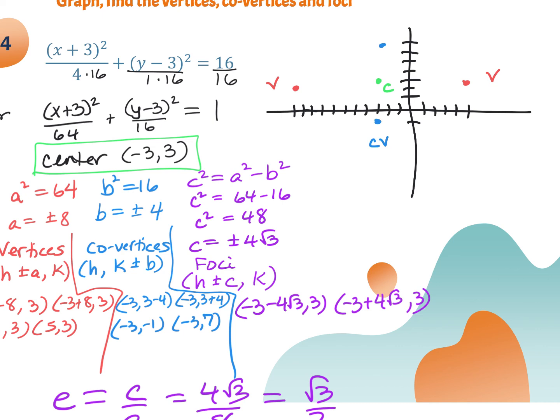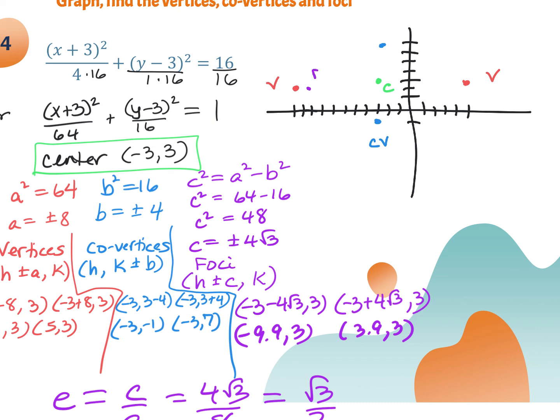And then the focus points, we can approximate this location. We can say it's probably around -9.9, comma 3 and 3.9, comma 3. So let's go ahead and add those in.